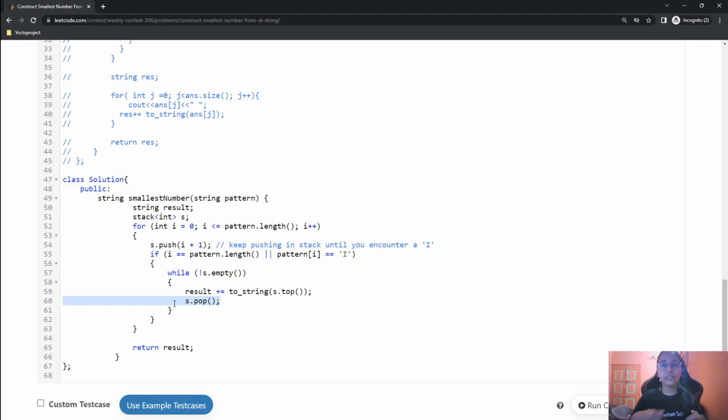That is the thing which we will be doing again and again. Now our stack would be empty because earlier it was having just one element, right?